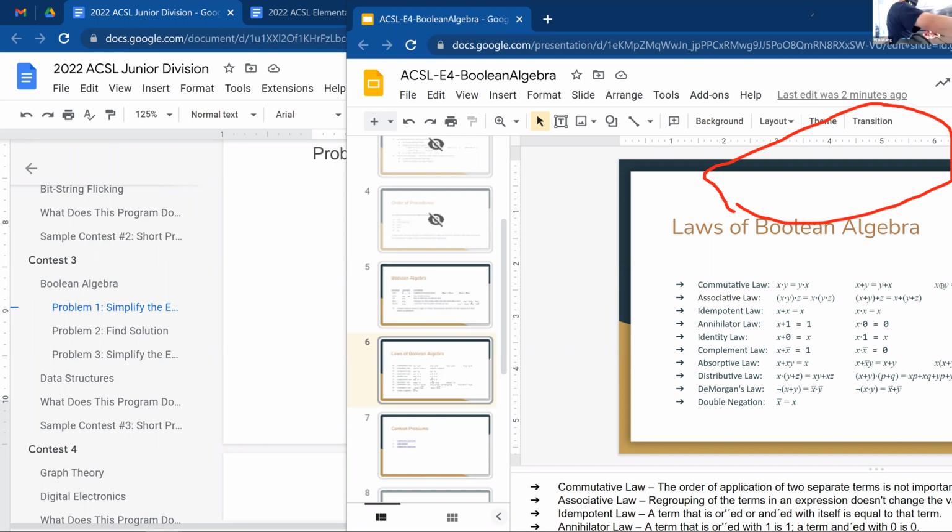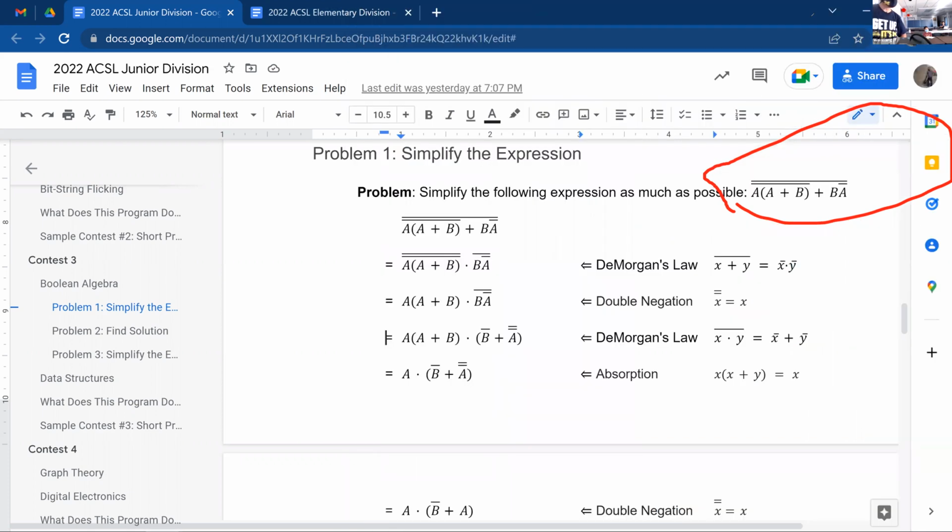If we have a not operator on top of something, then we can break that apart. So immediately here we have a not that goes across the whole thing.